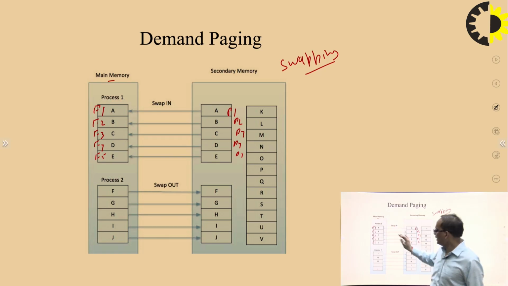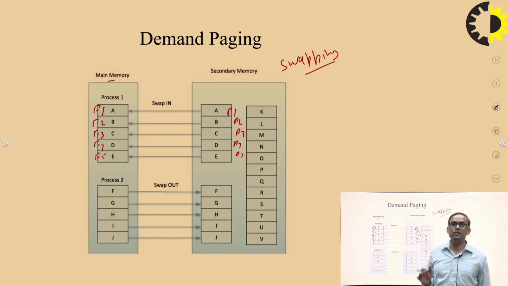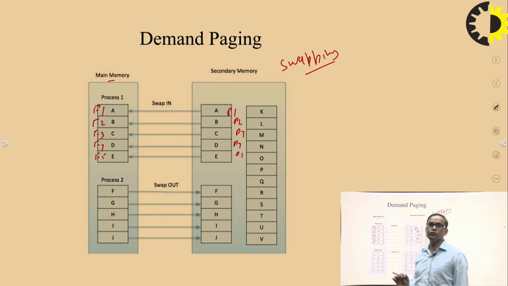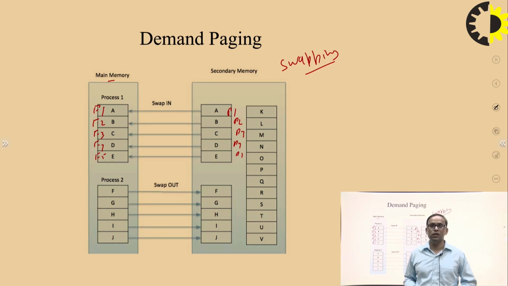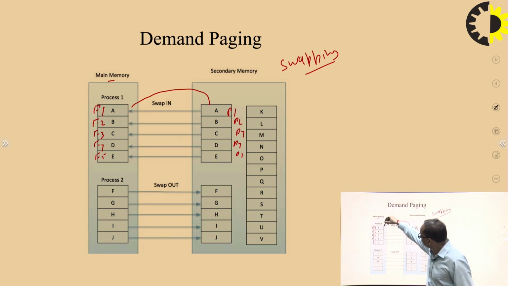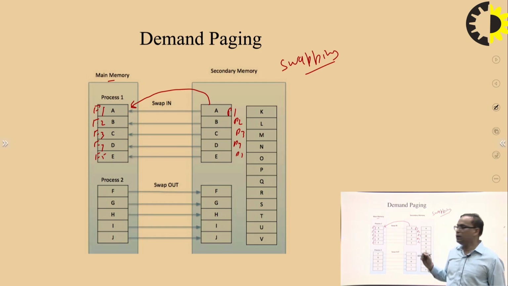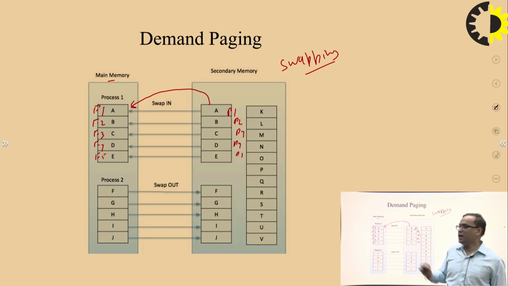At a particular time, when the main memory becomes full, there is a need to swap out a process from main memory to secondary storage. Swapping is a process in which pages move from main memory to secondary memory and from secondary memory to main memory. When a page is brought from secondary memory into main memory, this operation is known as swap in.